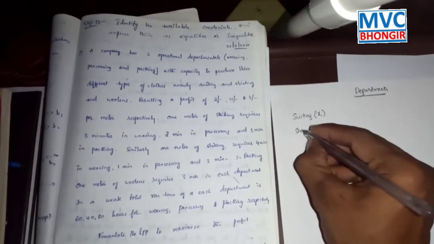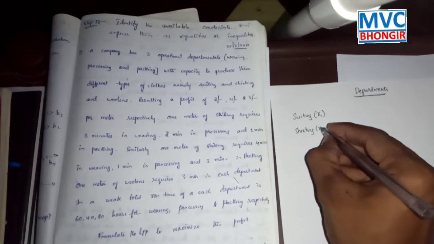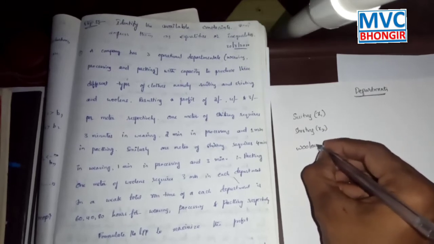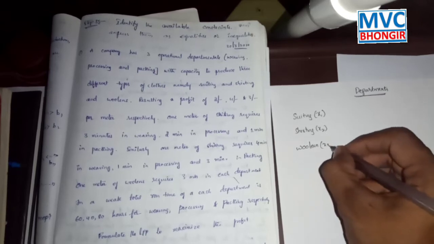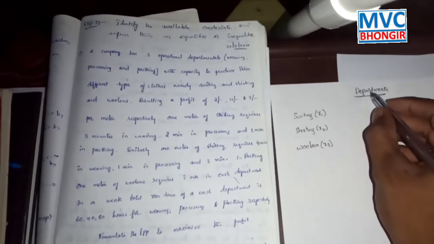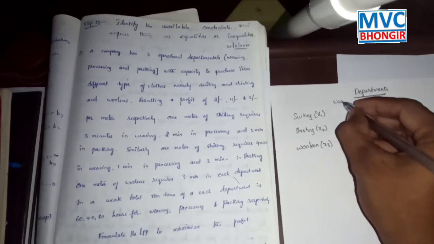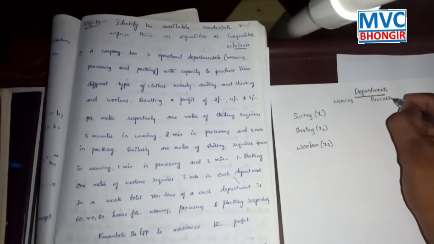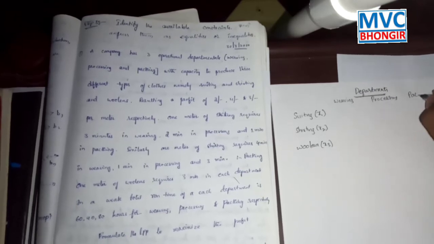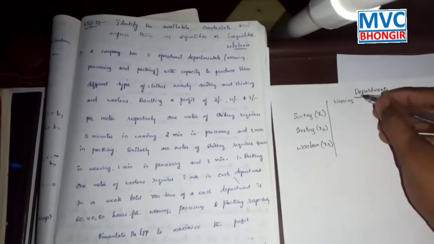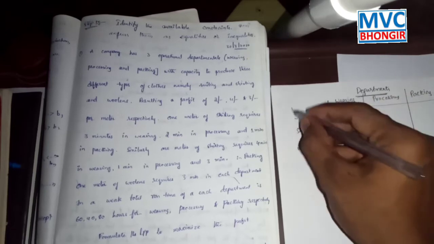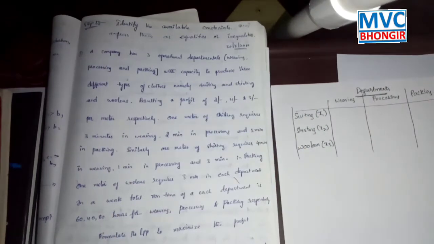Second one is shirting, let it be X2. Third one is woolens, that is X3. Here we are having 3 departments: weaving, processing, packing. So these are the basic things which are given in our problem.